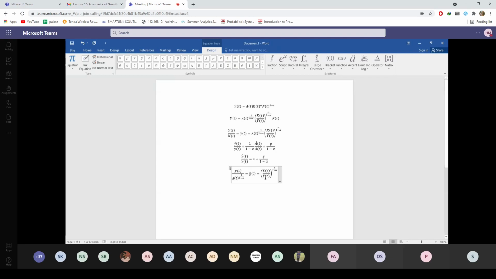I just wanted to express in terms of per capita, so that you guys can see. Let me just take a pen and paper now.